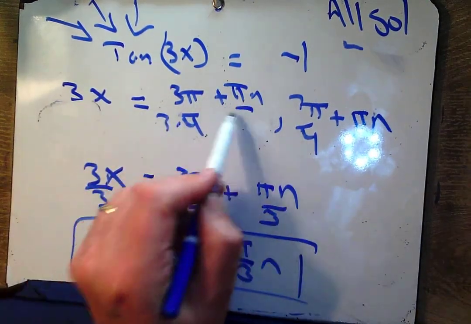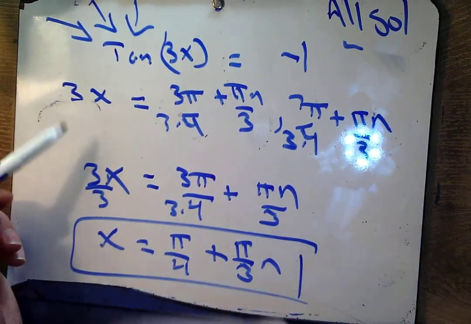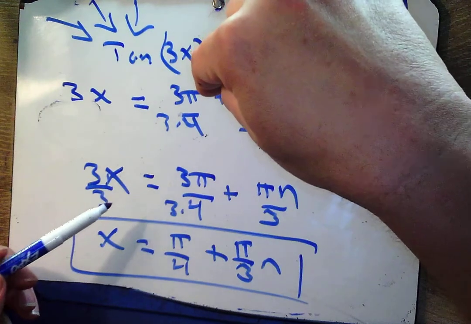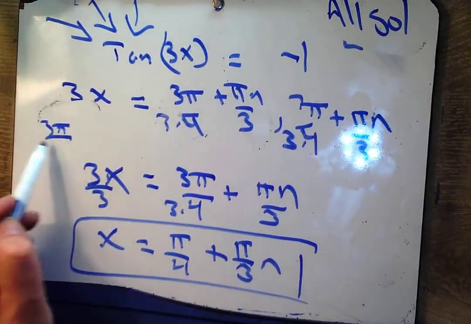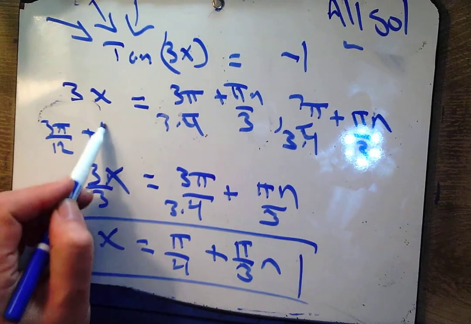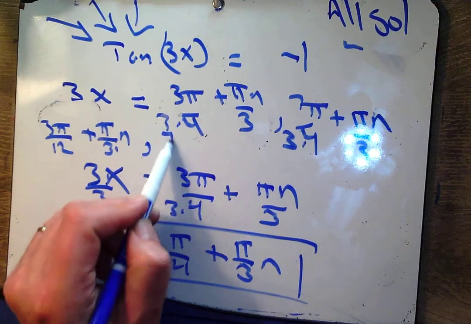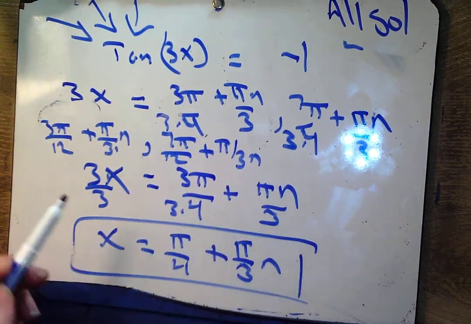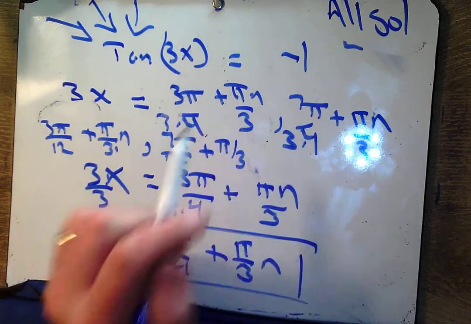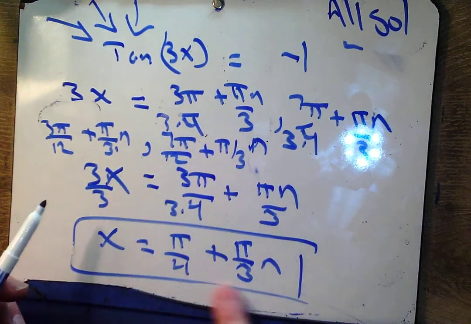Okay, 3, 3, 3, 3. And so what did they end up with? They got 3 pi over 12 plus pi over 3 n. And they got 7 pi over 12 plus pi over 3. So let's see if that generates the solutions here.